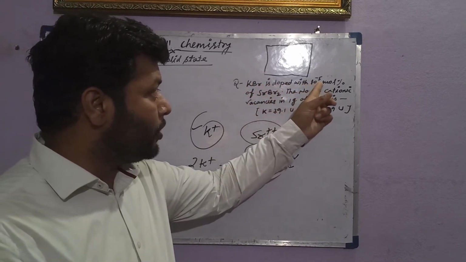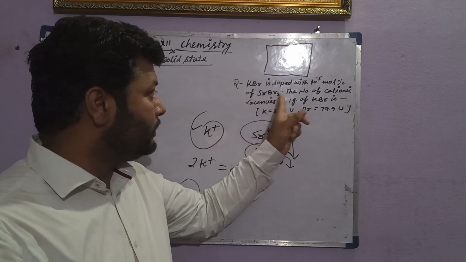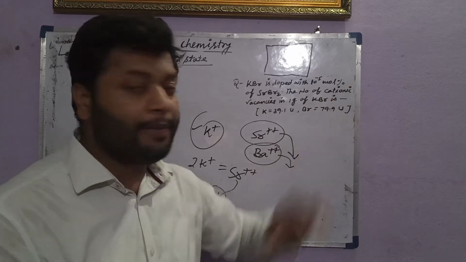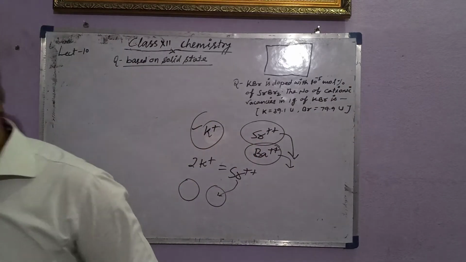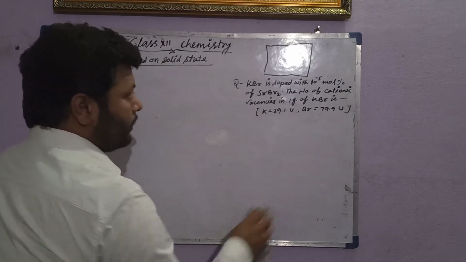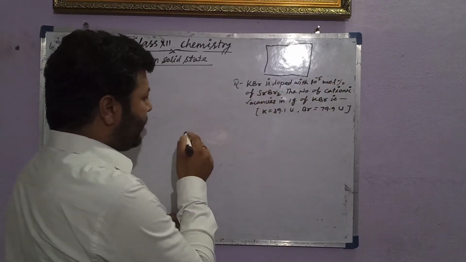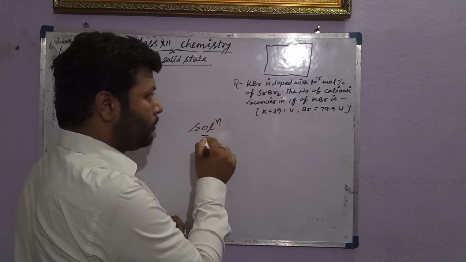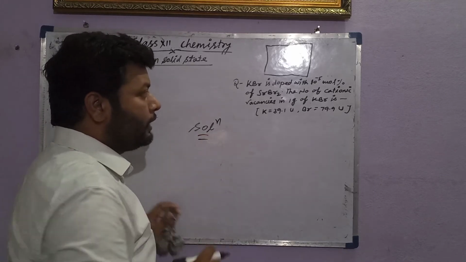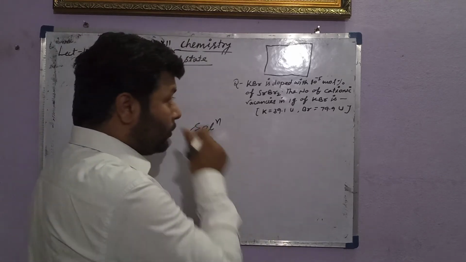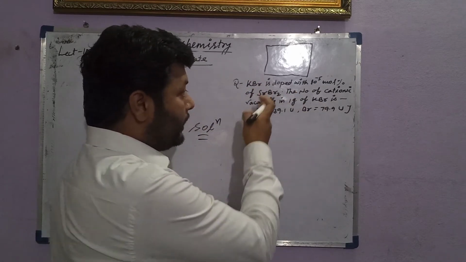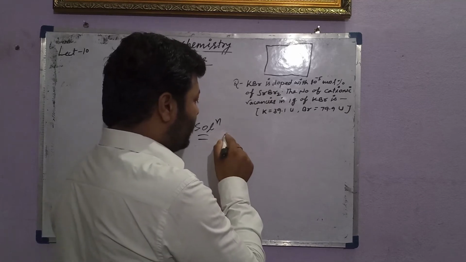So what is the value? KBr is doped with 10 to the power minus 5 mole percentage of strontium bromide. The number of cationic vacancies in 1 gram of KBr is? So let's solve this question. KBr is doped with 10 to the power minus 5 mole percentage of SrBr2.